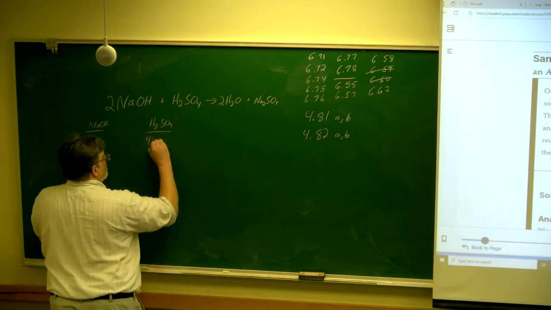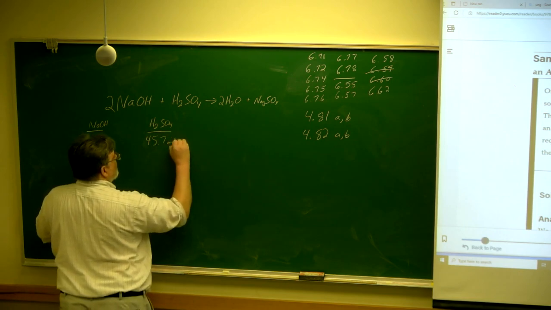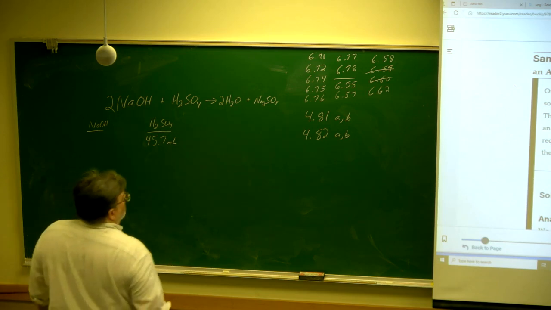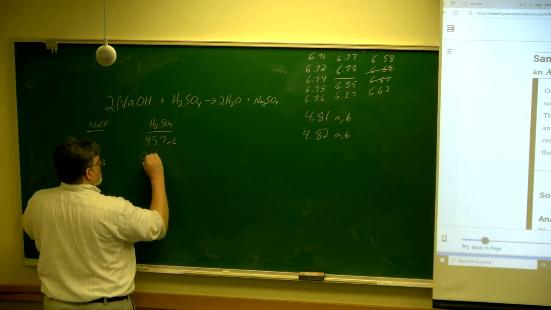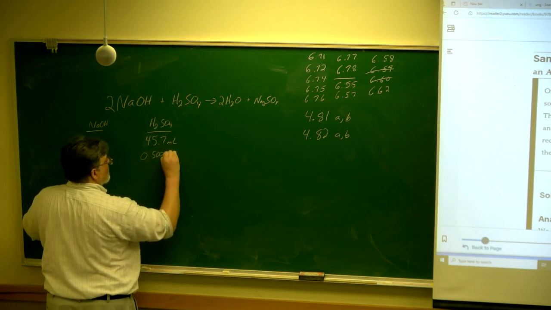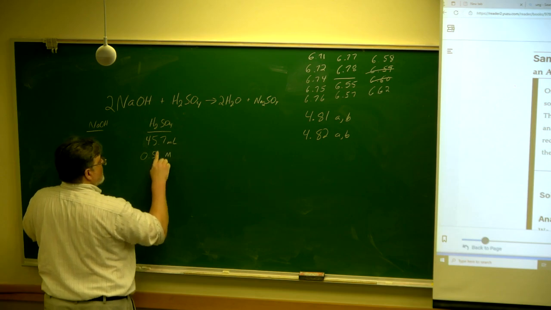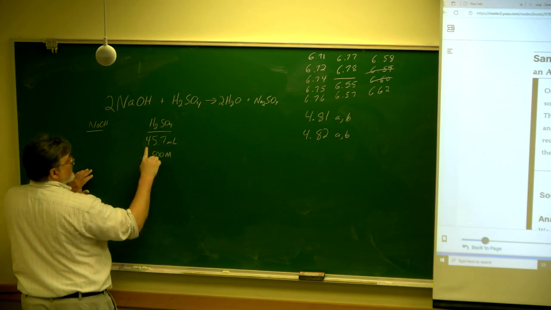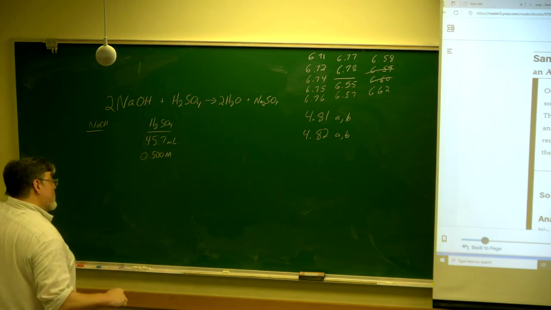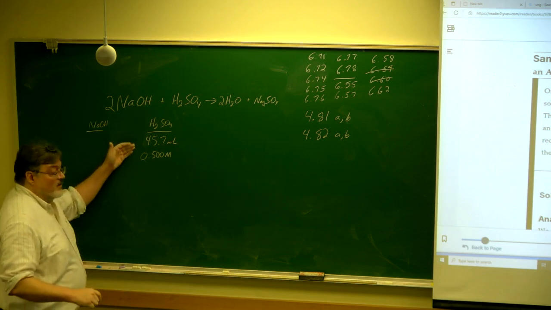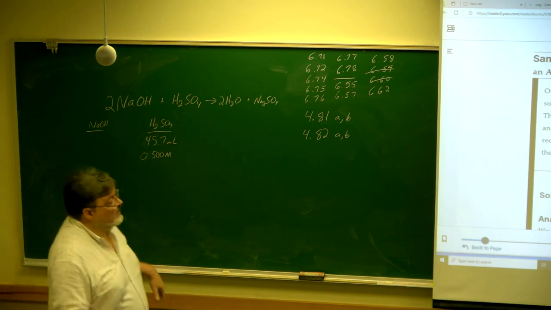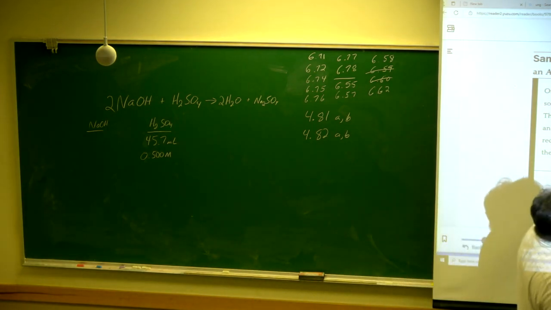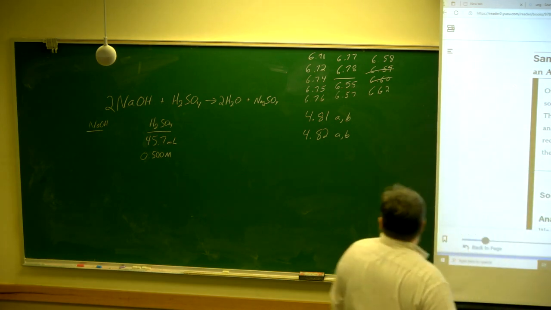Three significant figures. So you've got your milliliters and you've got your concentration. And then it gives us for NaOH 20 milliliters of NaOH.